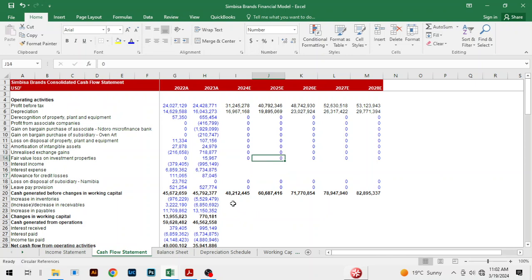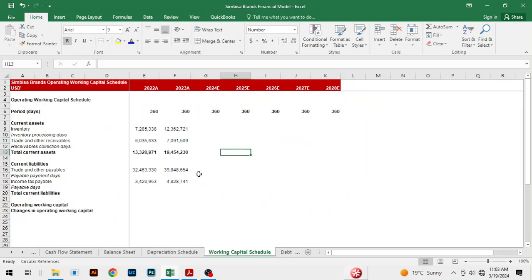So let's project these items here. We are now in the working capital schedule. So here what we are doing is we have to project the working capital items, which are inventory, trade and other receivables, trade and other payables.